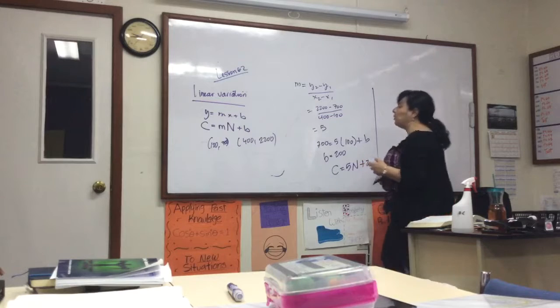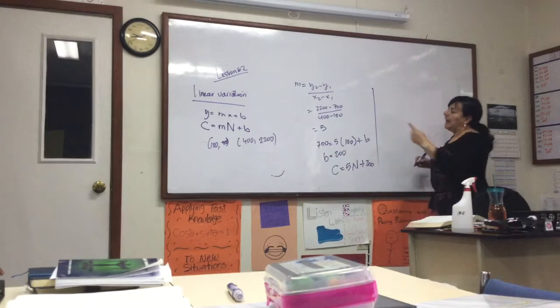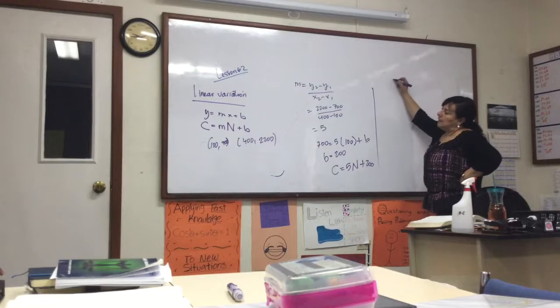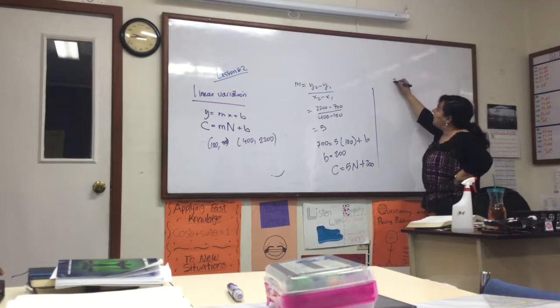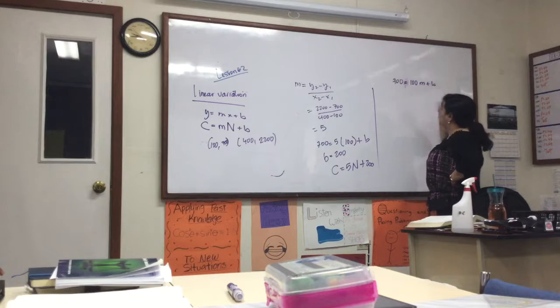Okay. That's one way. The other way would be, I know that the cost is 700 when I produce 100, right?